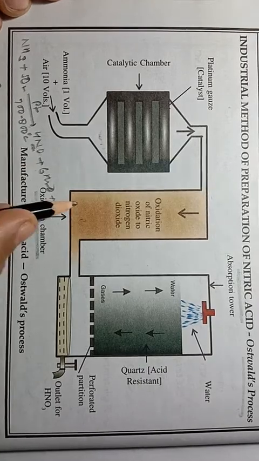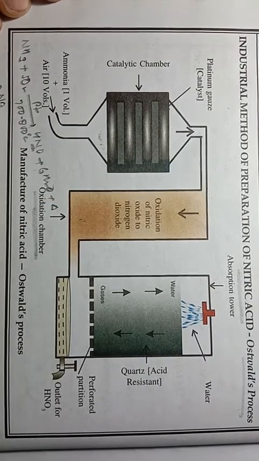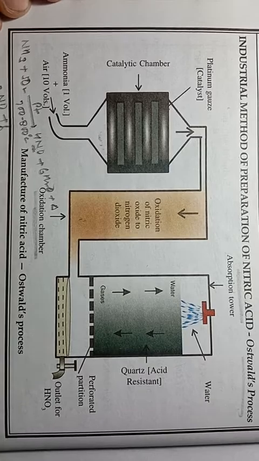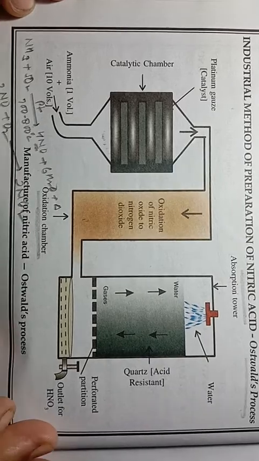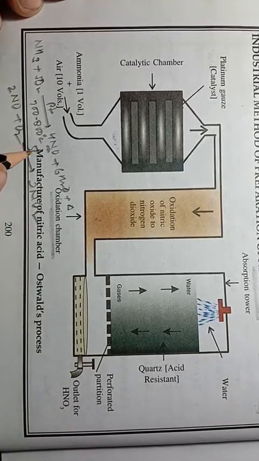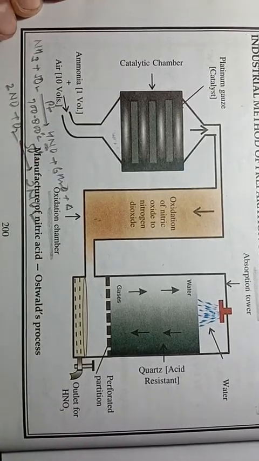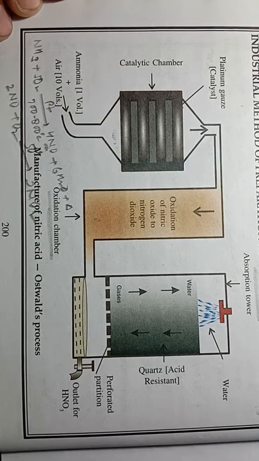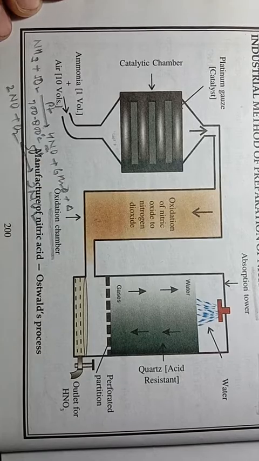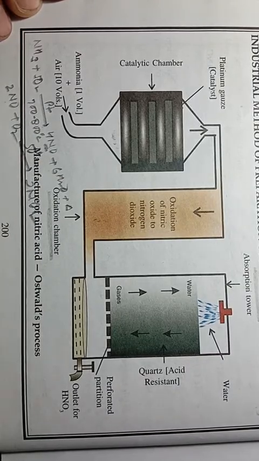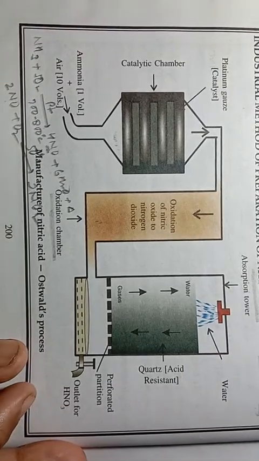So in the oxidation chamber, nitric oxide reacts with oxygen forming nitrogen dioxide, 2NO2, at around 50 degrees Celsius. Okay students, in the oxidation chamber, oxidation of nitric oxide is taking place.